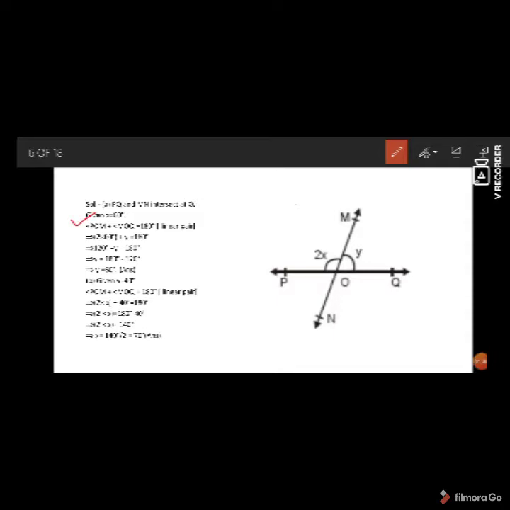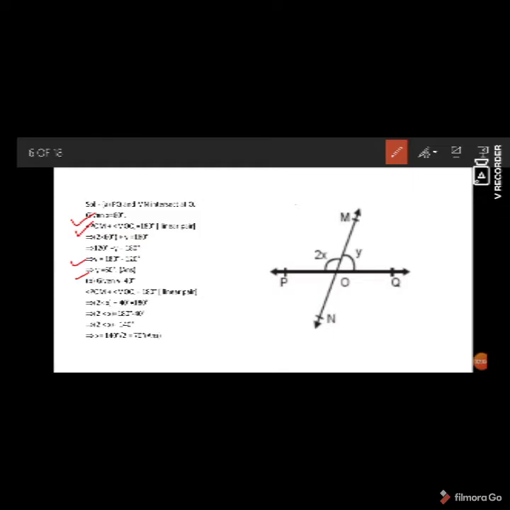So POM plus MOQ together is 180 degree, which implies 2 into, in place of x we are going to write 60 plus y is equal to 180 degree. When we subject y, we get 180 minus 120, that is 60 degree. So when x is 60, y is 60.